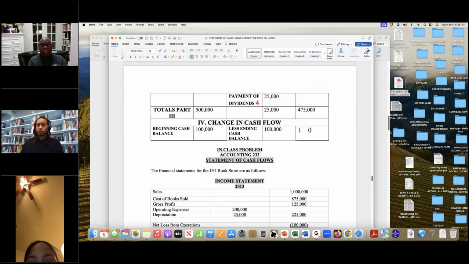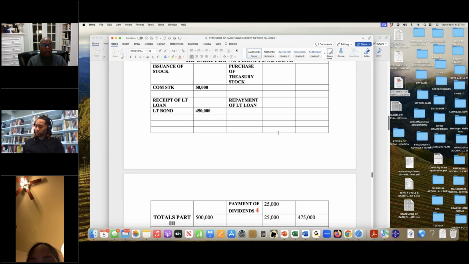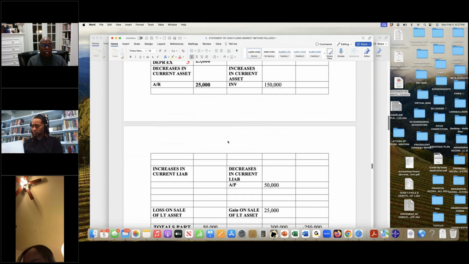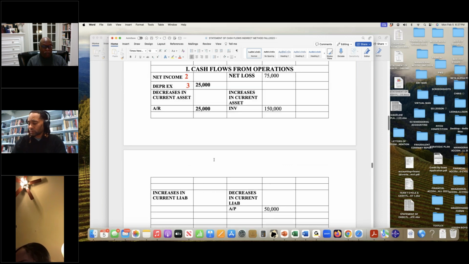Are there any questions on the first four things that you're supposed to do in preparing a statement of cash flow? If it's an income, we add it, right? It'll be on the source side. Remember, on the statement of cash flow, you've got sources and uses. Sources are on the left, uses are on the right. So do we add all the sources and then subtract the uses?